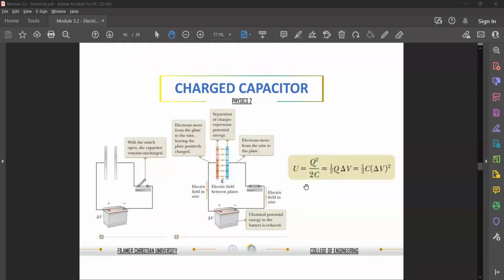So to compute the energy stored between plates of a capacitor, so you have your Q squared over 2C, or that is 1/2 of your charge times the potential difference, or you can say that that is 1/2 of C times the potential difference squared.